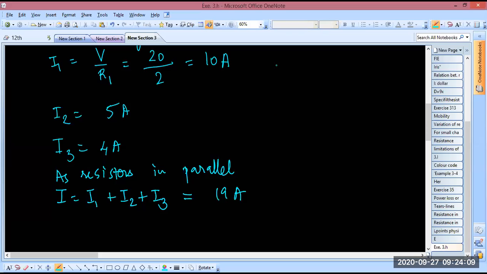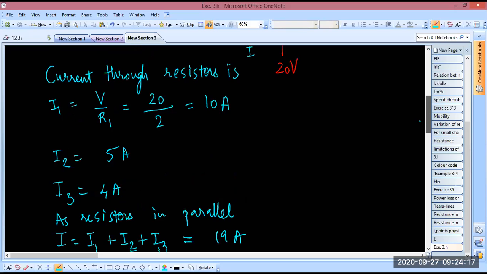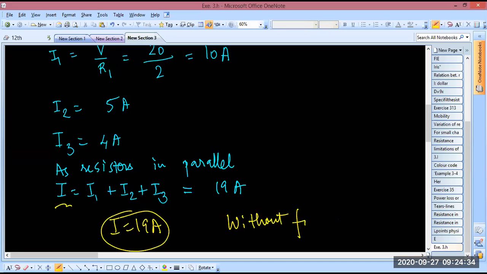Now I'm asking you, is there any other method to find I is equal to 19 ampere, finding without finding I1, I2 and I3?